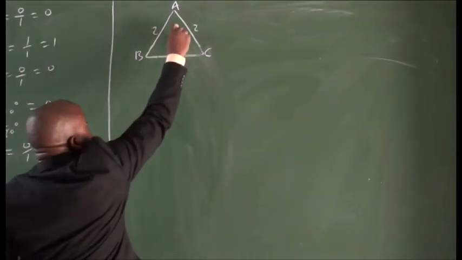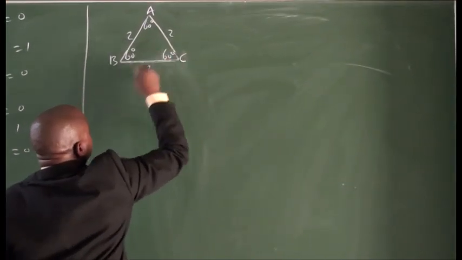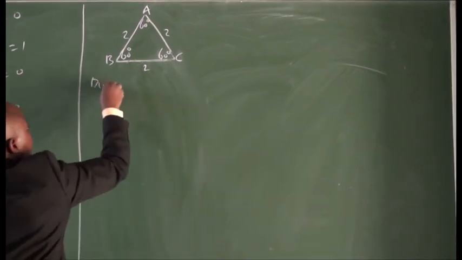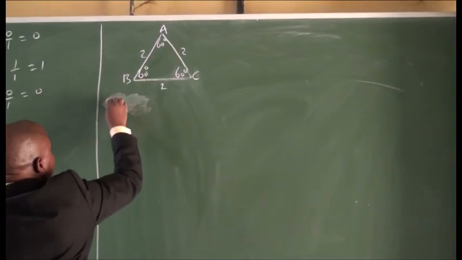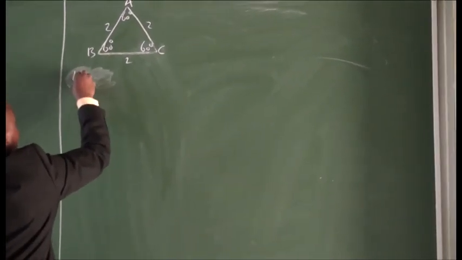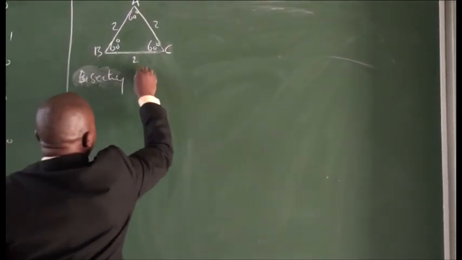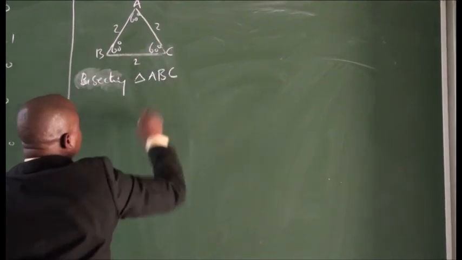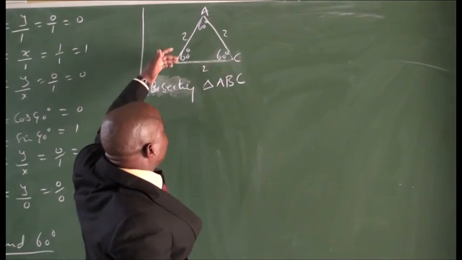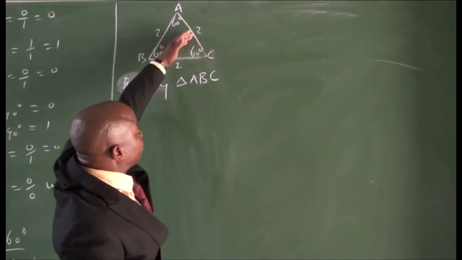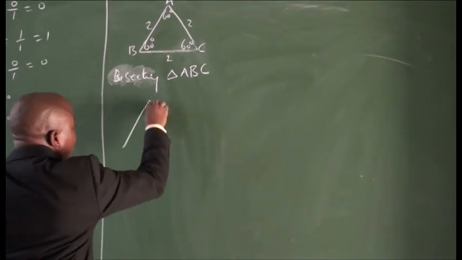So it has 60 degrees here, 60 degrees here, and we also have 60 degrees here. Now, bisecting triangle ABC, you know, when I say bisect, it means dividing it into equal parts. Meaning I can divide any way I want to divide, it will still be the same. But if I bisect, I will have another triangle of this form.